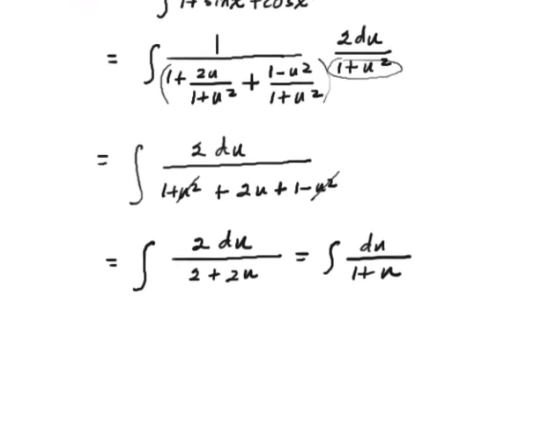Well, that's obviously a log. So that's equal to the log of the absolute value of 1 plus u. Then we have to substitute back, so u is equal to tangent x over 2.